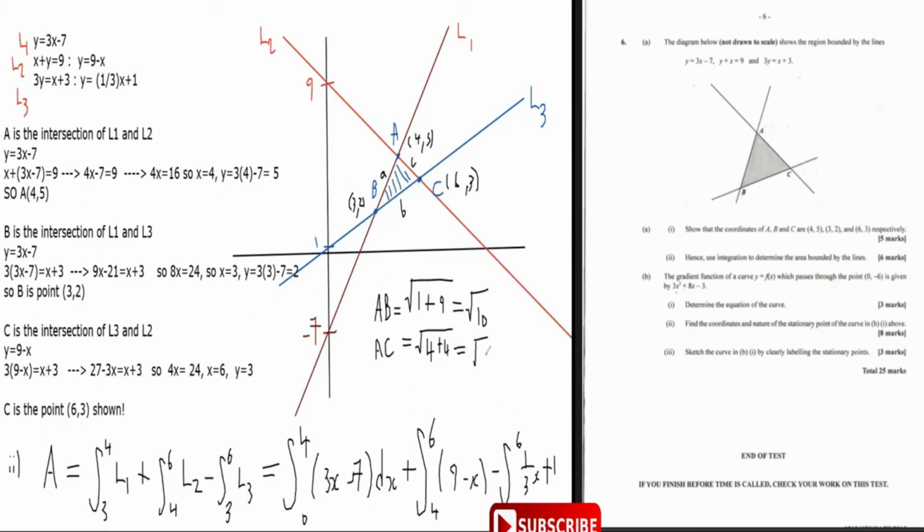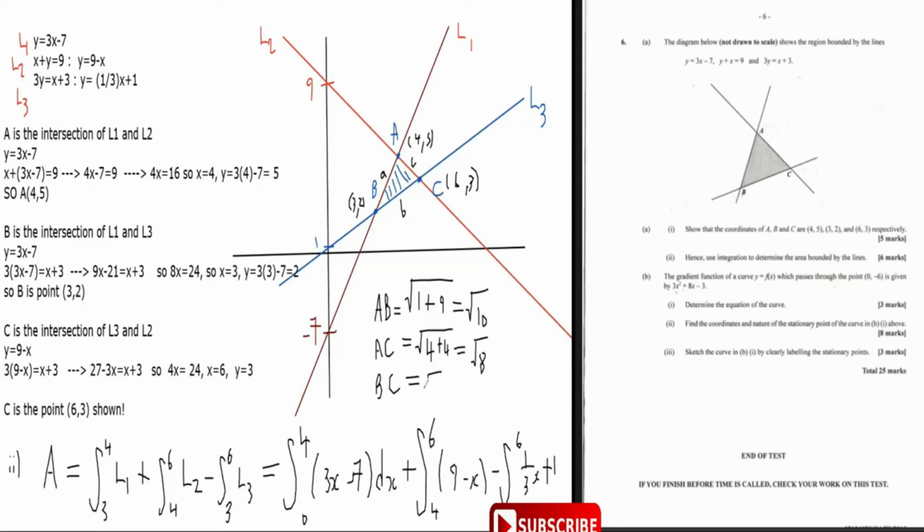And then we need to find the length from B to C, which is 6 minus 3 is 3, so 3 squared is 9, 3 minus 2 is 1, 1 squared is 1, so the length BC is also the square root of 10.